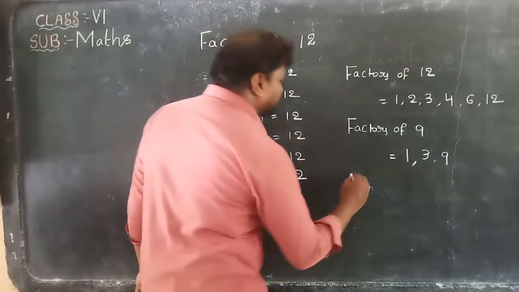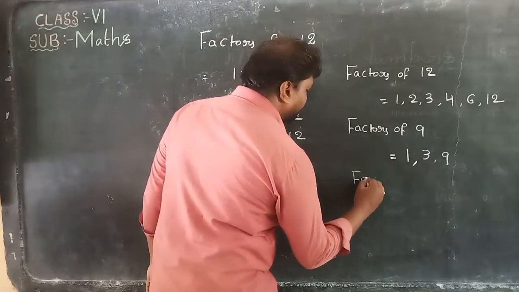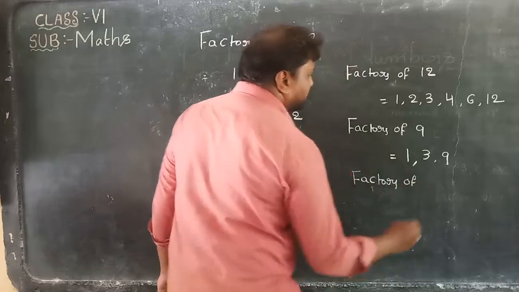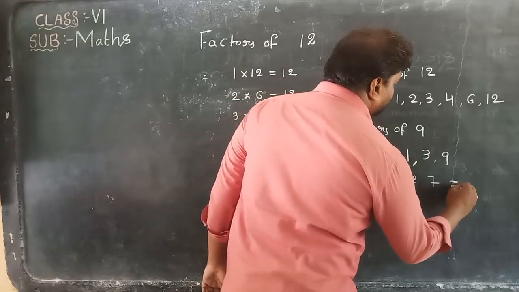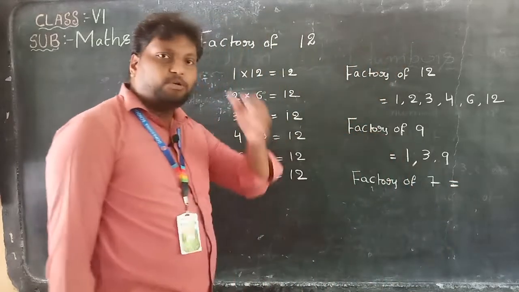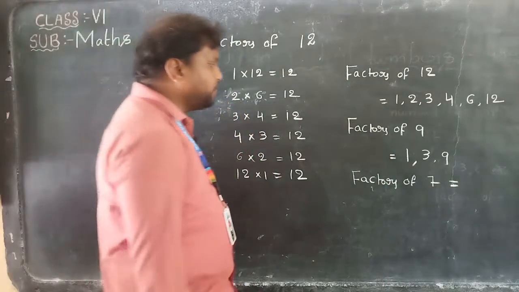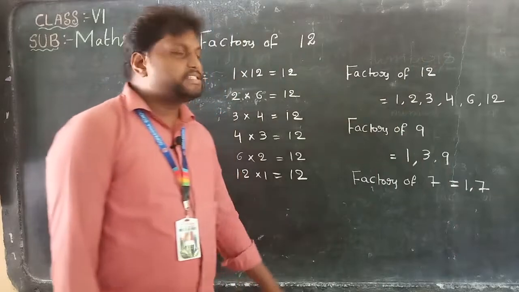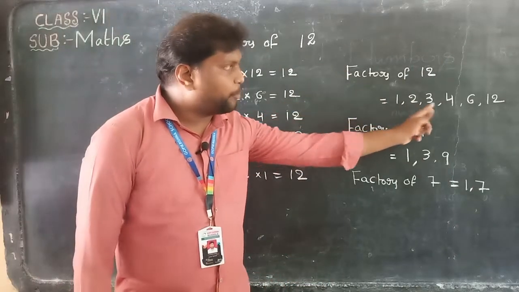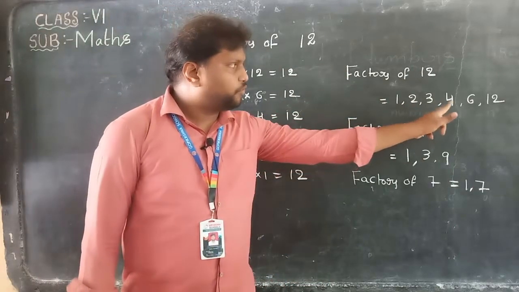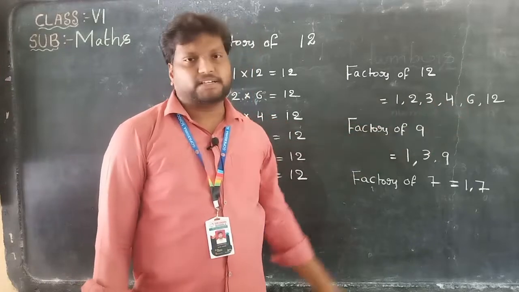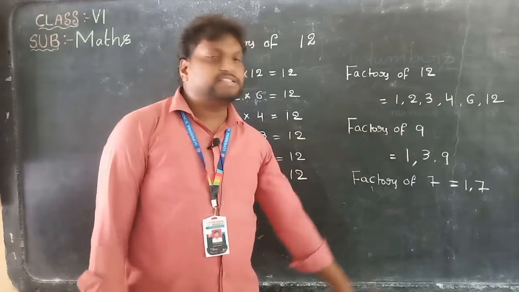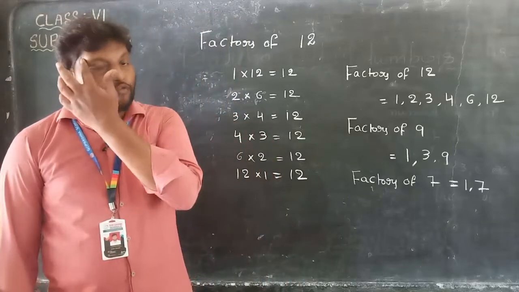Like that, factors of 7: 7 is divisible by which numbers? Only 1 and 7. And see here, factors of 12 are 1, 2, 3, 4, 6, 12, total 6 factors. Like the factors of 9, 3 factors. Like the factors of 7, we have only 2 factors.